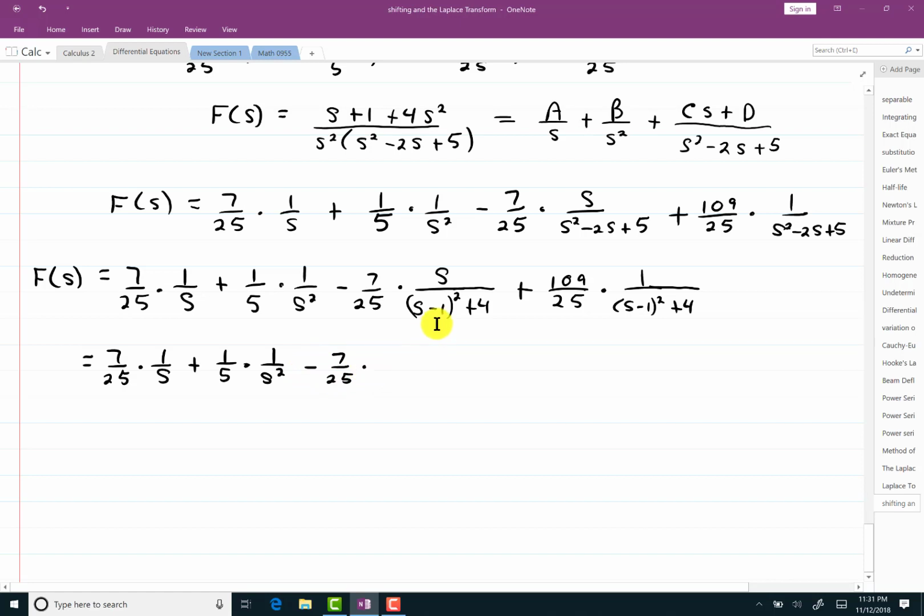So what I'll do, since I need to have an s minus 1 occur up here, I'll put it there. And I'll rewrite the 4 as 2 squared in anticipation for the use of the inverse Laplace. Now, if I subtracted 1 here, I have to make up for it. So I have to add the same amount.